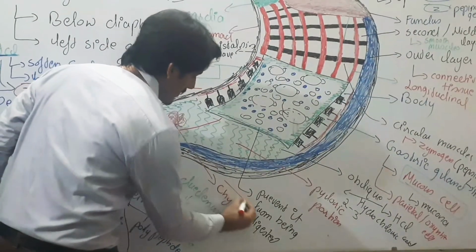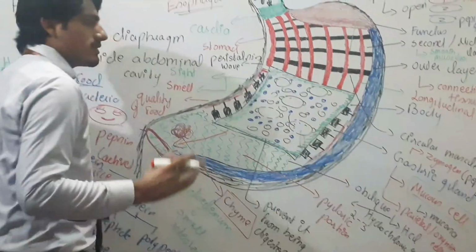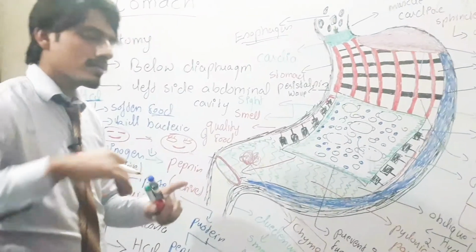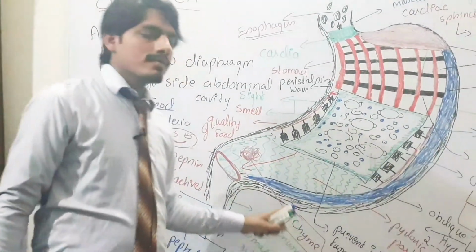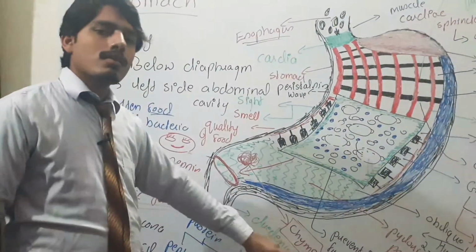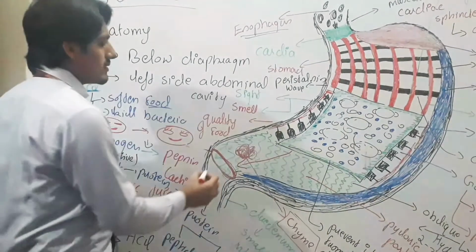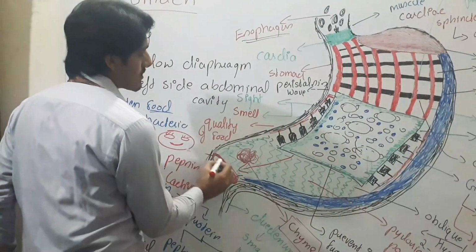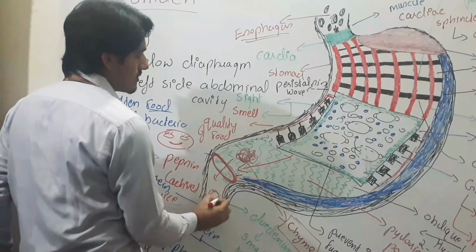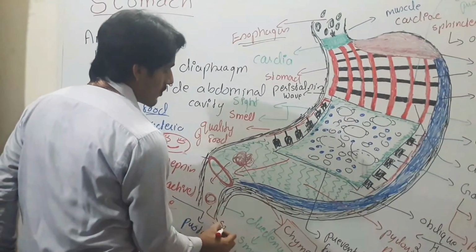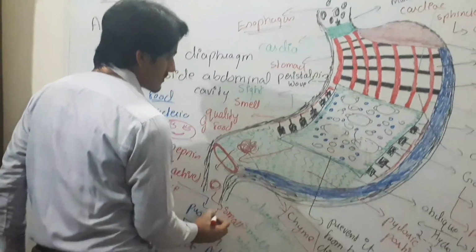This is the final product of the stomach. When the sphincter muscles open, the chyme moves downward towards the small intestine.